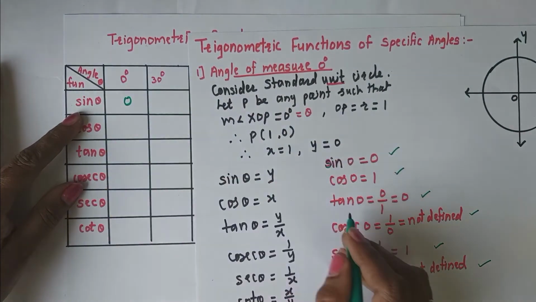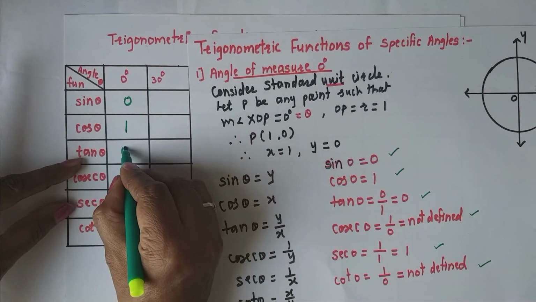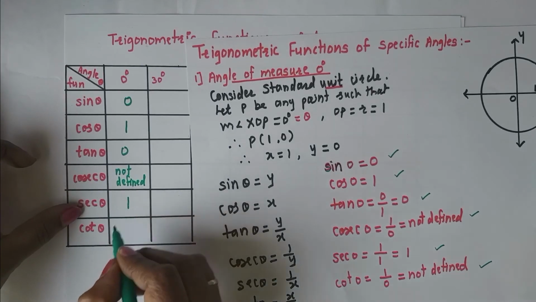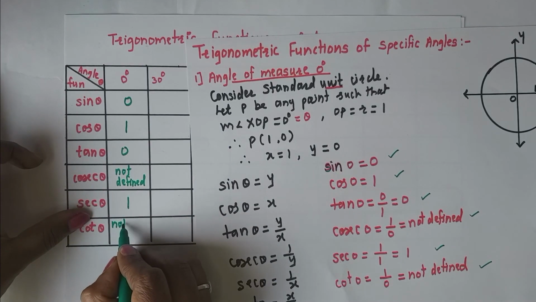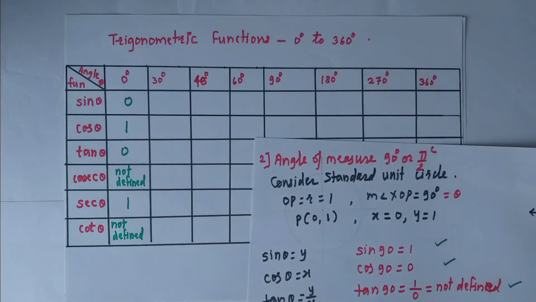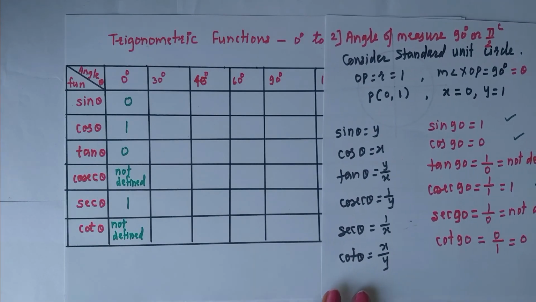That is 0. Then cos 0 is 1. Then tan 0 is 0. Cosec is not defined. Then sec is 1. And cot again is not defined. Then in our second problem, we got the values of 90 degrees. We will keep the values of 90 degrees in this table.